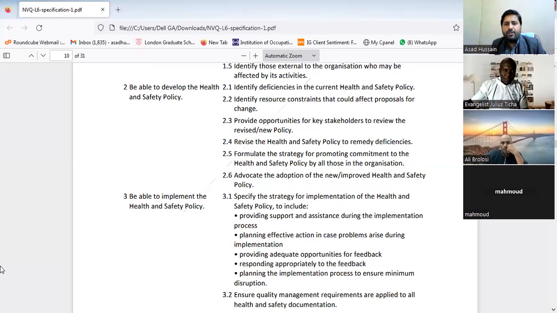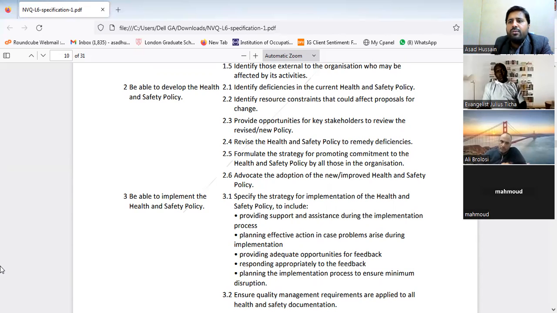Okay. Now moving forward, to be able to develop the health and safety policy. Look here, this learning outcome is just focusing on the management role.